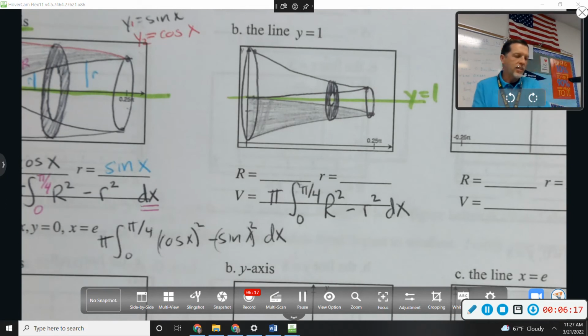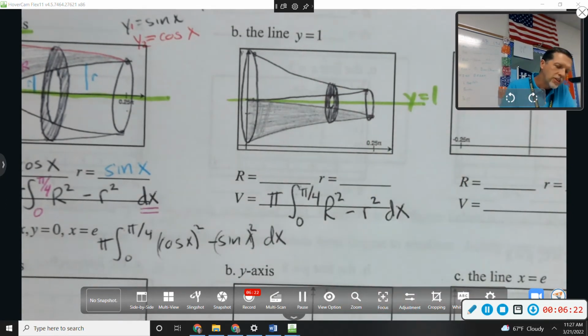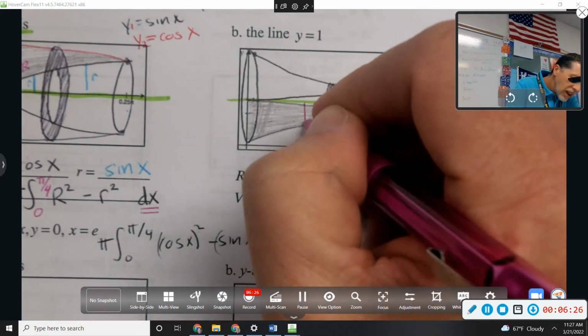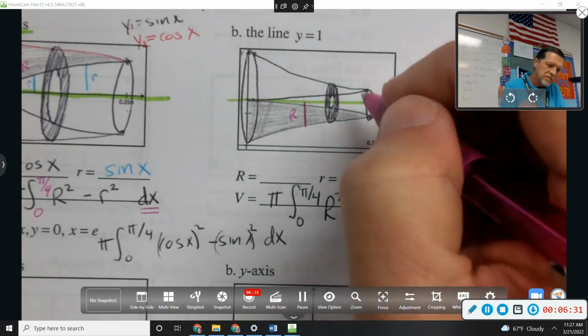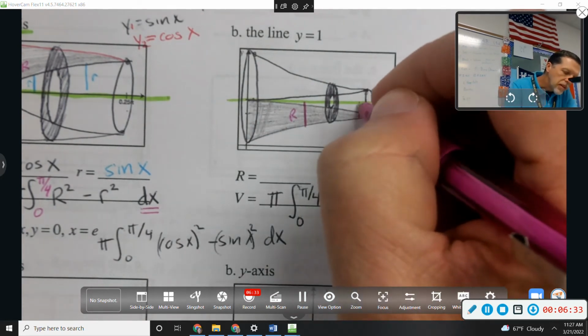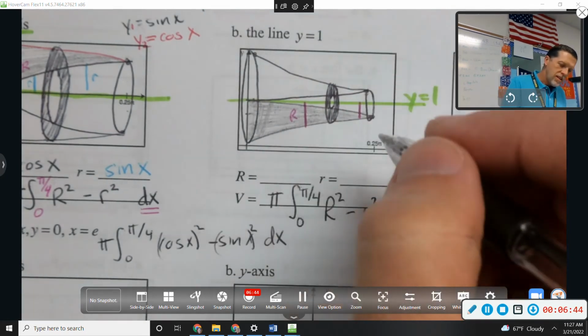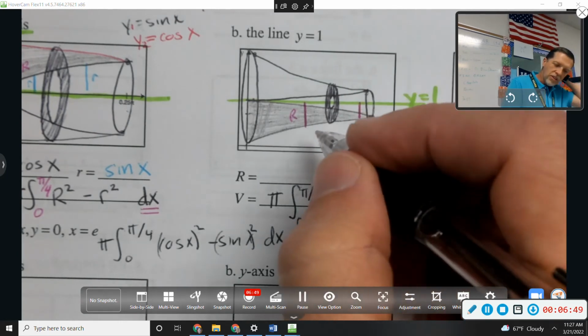Anytime your axis is not on one of the x or y axes, you're going to have a little bit trickier time for big R and little r. There's big R, the outside radius. There's another big R if it helps to see. It's changing. Well, let's figure out what big R is first.